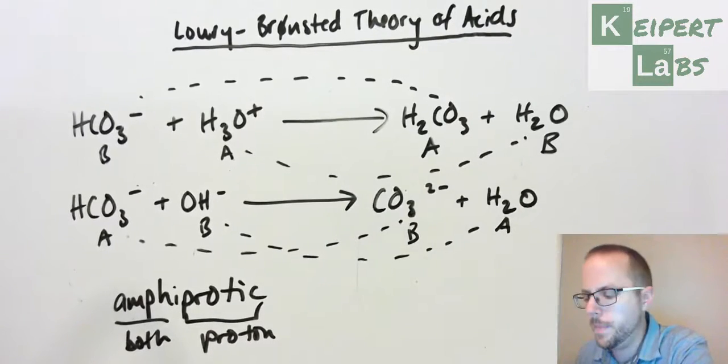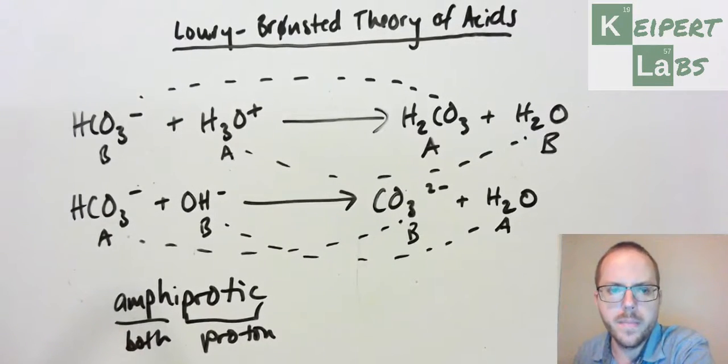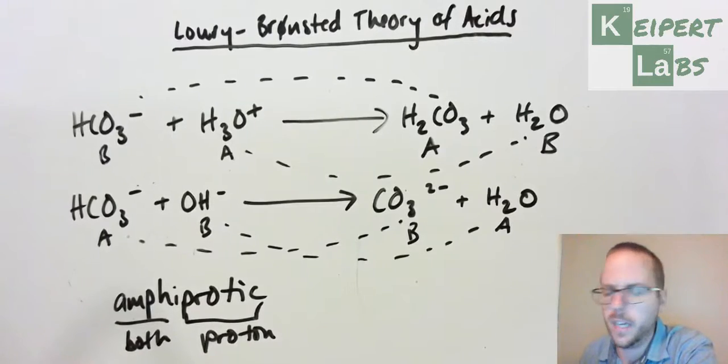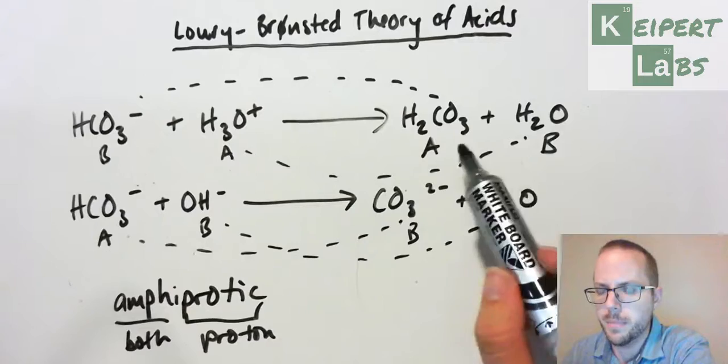Okay, so just to quickly recap, because we're almost out of time: the Lowry-Bronsted theory of acids and bases involves acids being proton donors and bases being proton acceptors. An acid-base reaction is also known as a proton transfer reaction for that reason, because we're taking a proton from one thing and giving it to another thing to make two new substances.